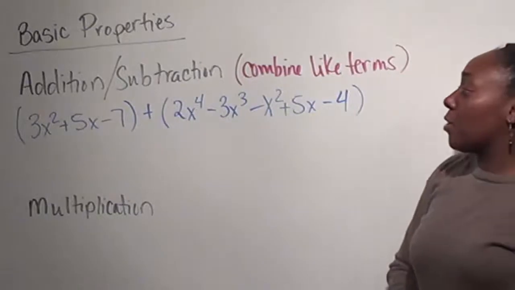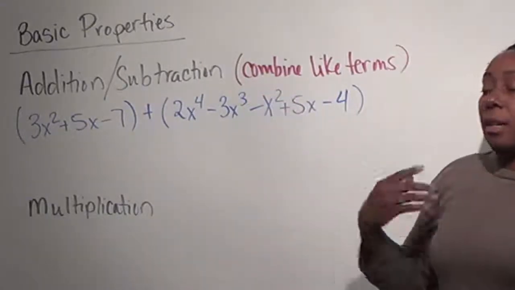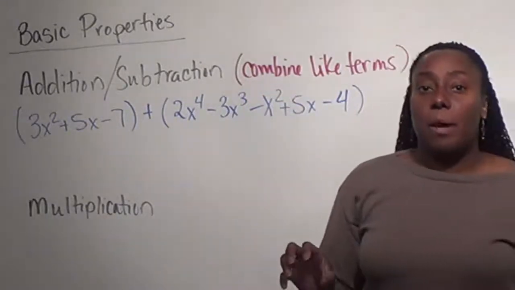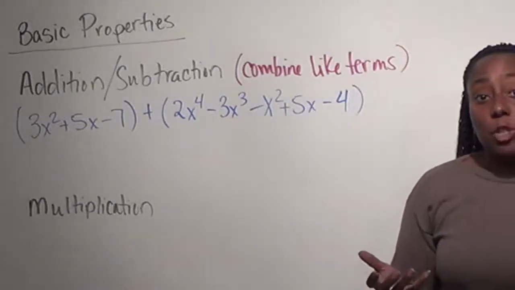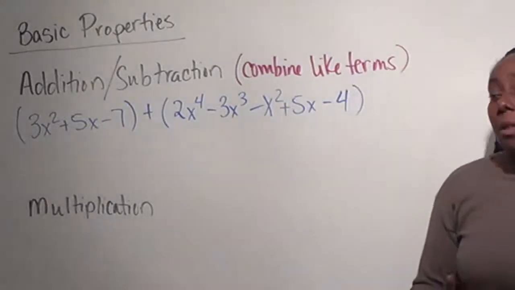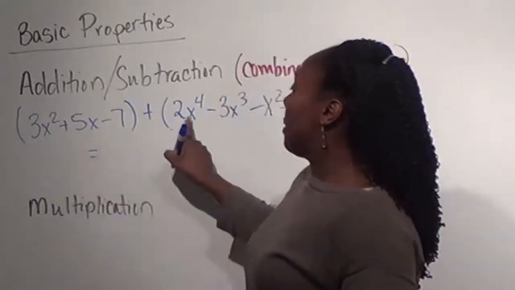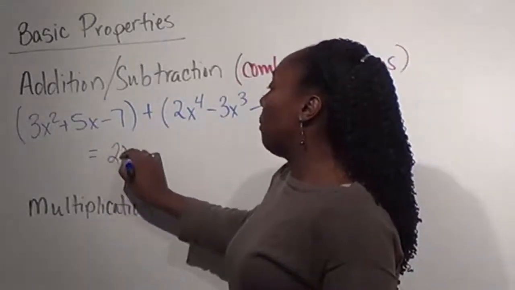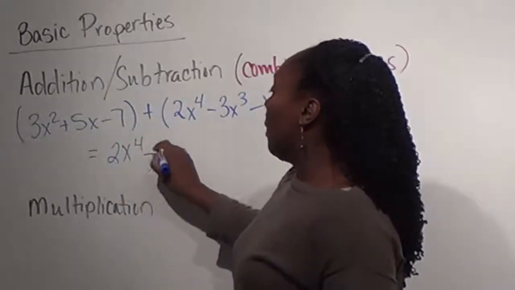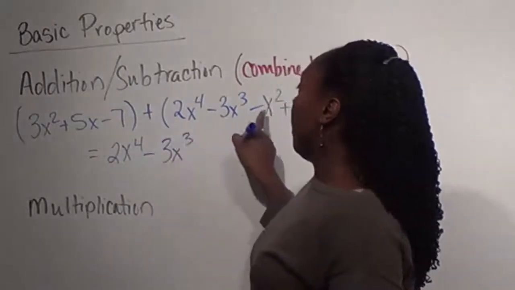Okay, so by like terms, it means I'm going to find the ones that have the same power. I don't care about that number out front or the coefficient. I only care about the exponent. Okay, so in this case, when I go to simplify, I can see there's only one x to the fourth term, only one x cubed term, and then the x squared, I'm just going to use those operations.